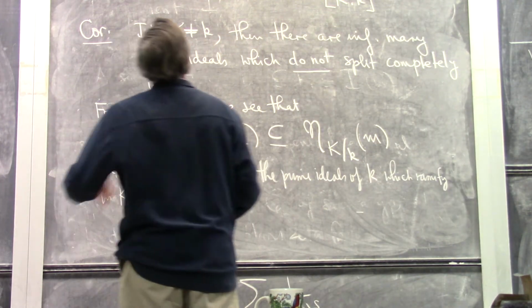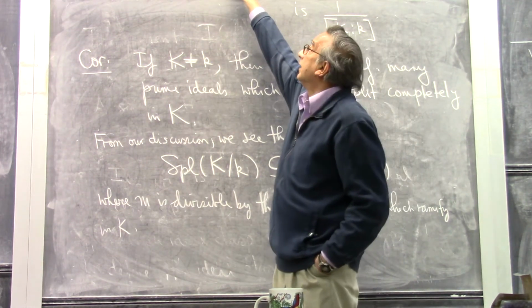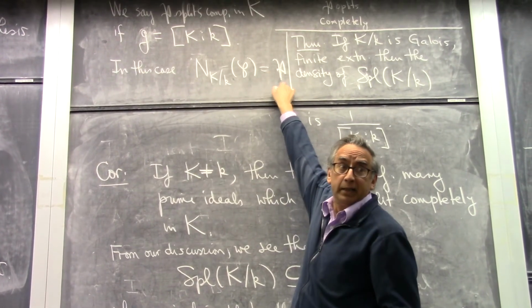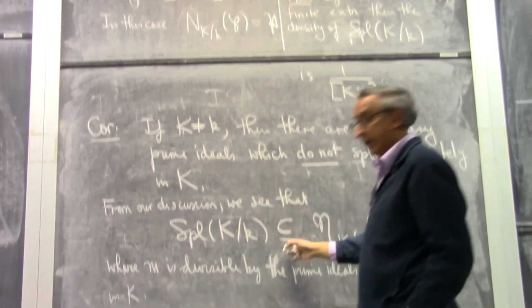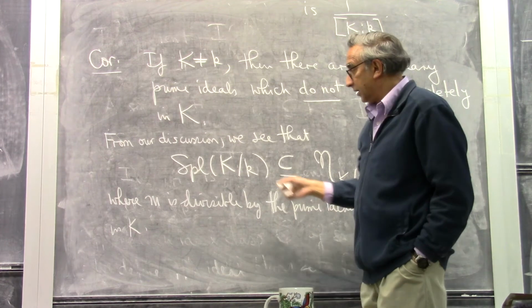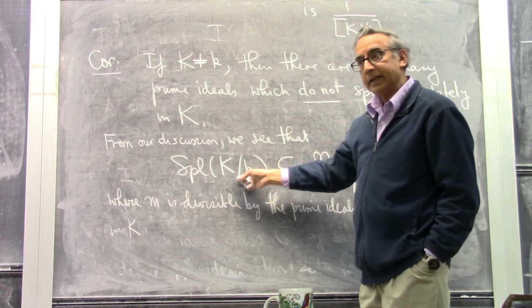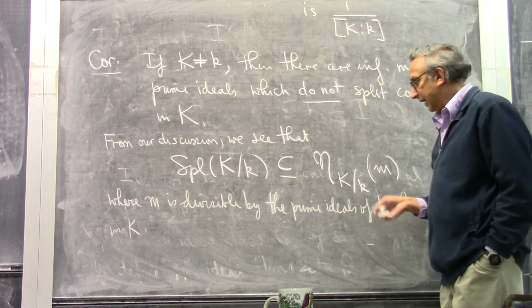So, hope everybody understands this. The observation that when a prime splits completely, the prime ideal P is actually a relative norm of a prime ideal upstairs allows me to make this inclusion. Therefore, the Dirichlet density of prime ideals of this set has to be smaller than the density of primes of this set.